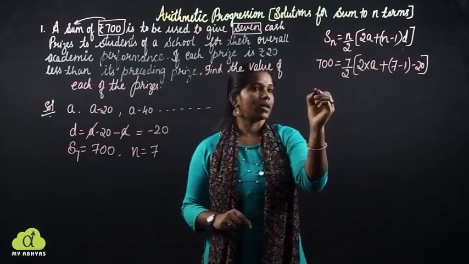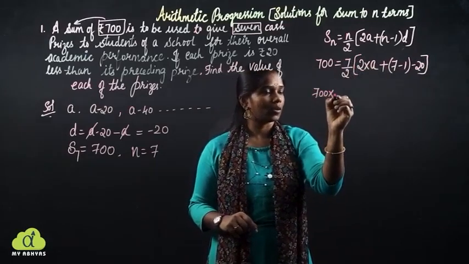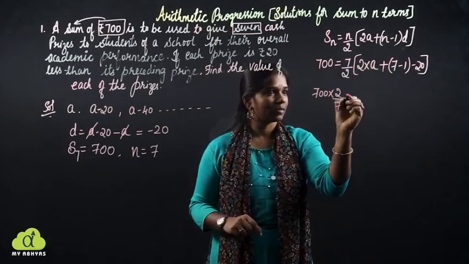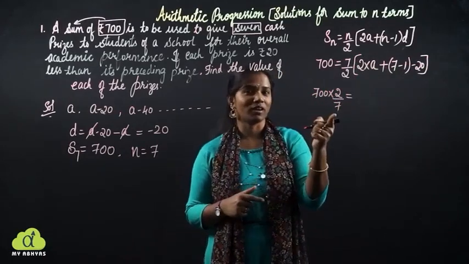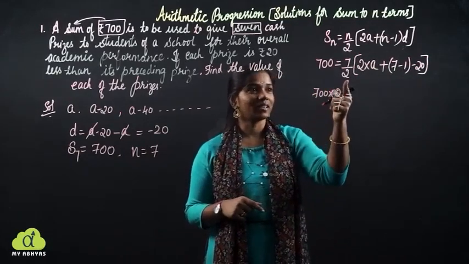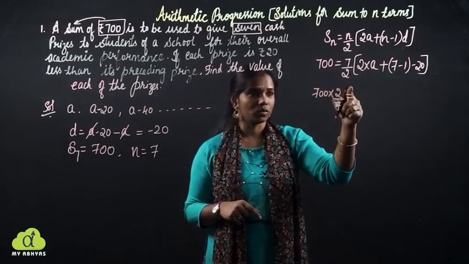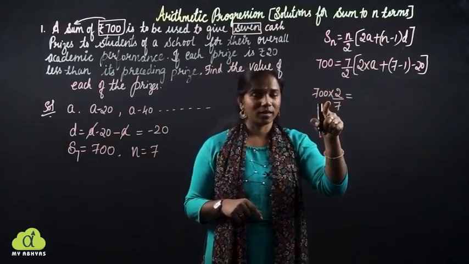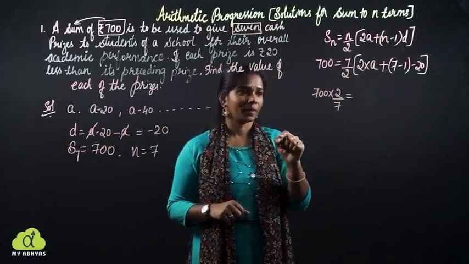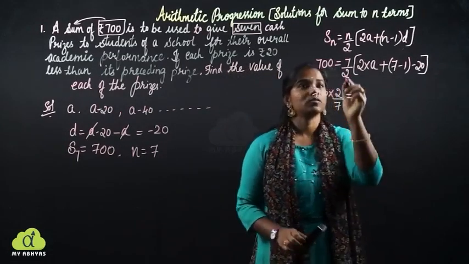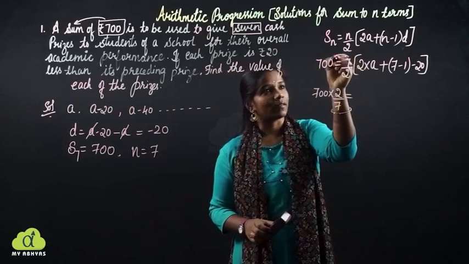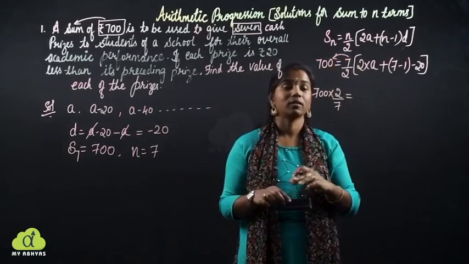Now, 700 into 2 by 7. You want me to explain what I did here? I am taking the reciprocal of 7 by 2, just for simplification, sending this 7 by 2 to the left hand side. Transposing.